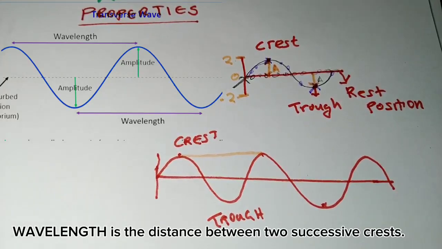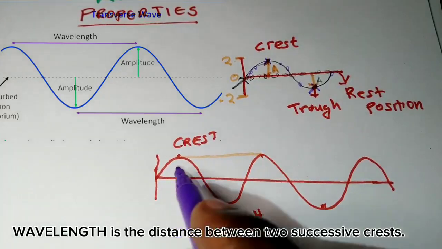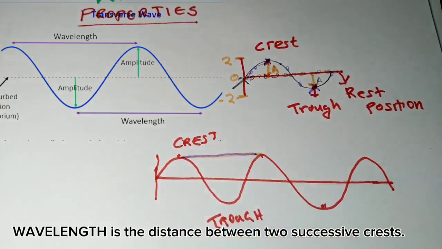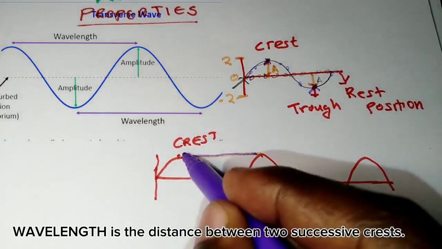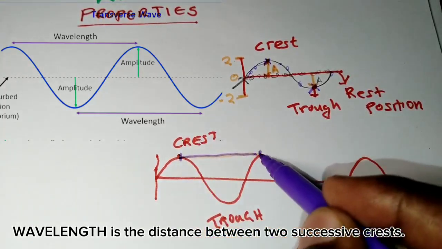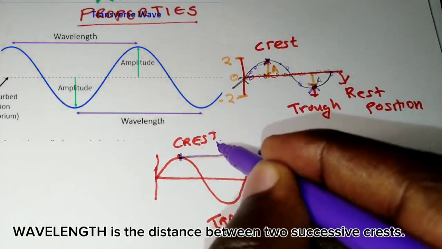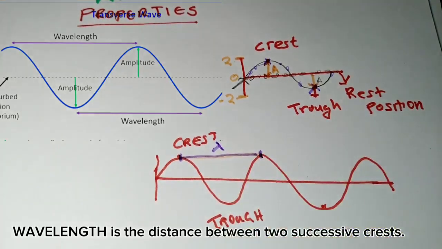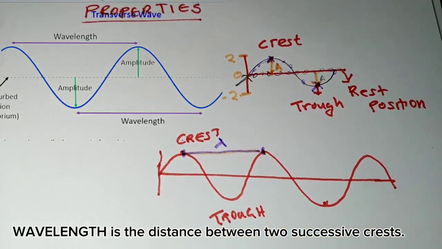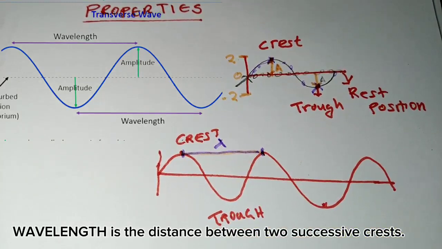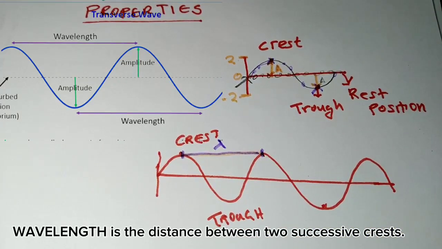Wavelength is simply the minimum distance between two successive crests, and it is represented by the symbol lambda. So definition number one: wavelength is the distance between two successive crests.